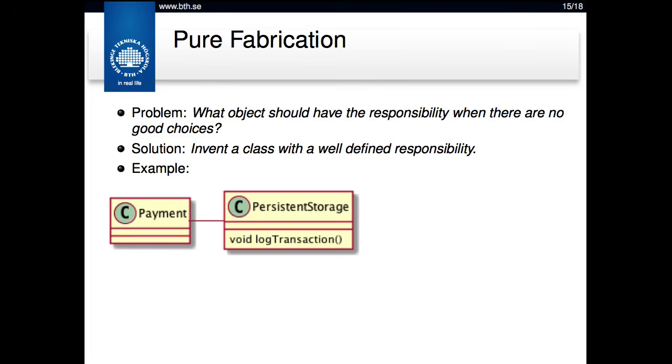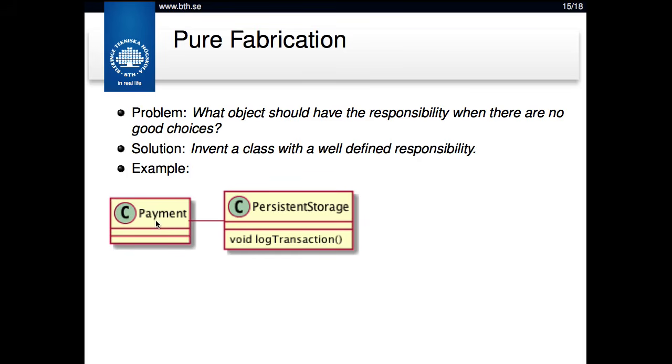Pure fabrication. So you will end up in situations when there is no clear case, no clear class that should take care of a particular responsibility. And the solution then is to invent a class. So if I'm doing the payment thingy, I may want to store this so that I can do my bookkeeping later on or whatever.